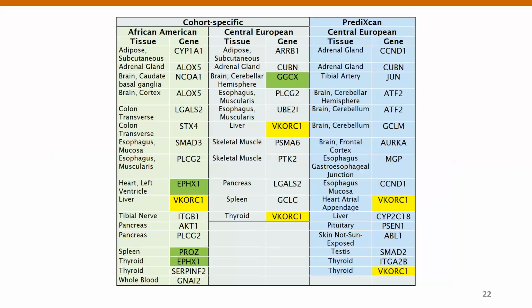But what is interesting, for example, is that EPHX1, which is in the African American signature, was actually found in a European genome-wide association study, and GGCX, which appears in the Central European signature, was actually found in an African American genome-wide association study, thus giving us more evidence of bridging between these two populations over these genes, at least.